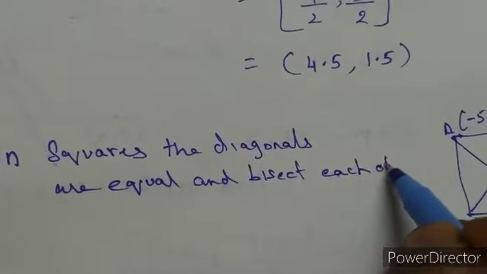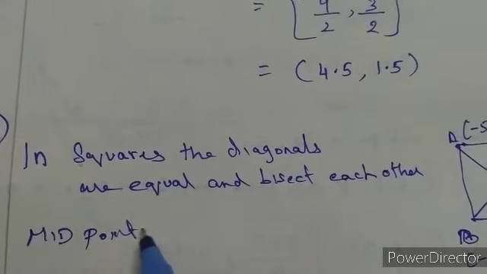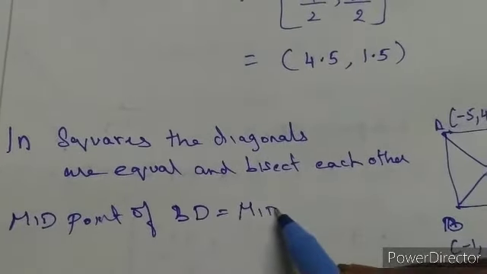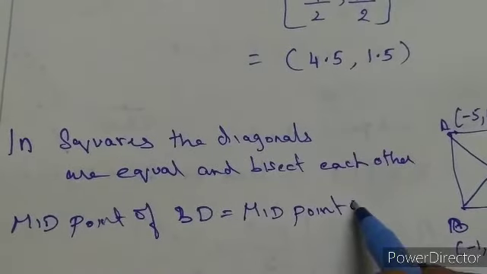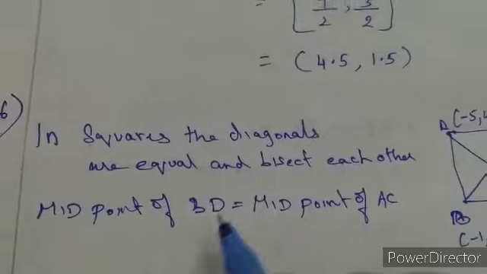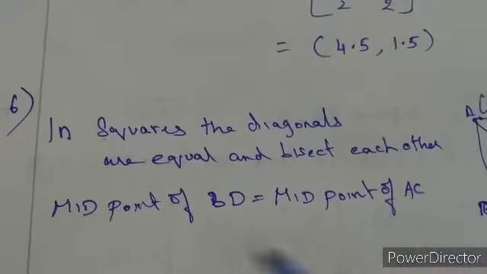So the midpoint of BD is equal to the midpoint of AC. Let's try the values of BD and AC.